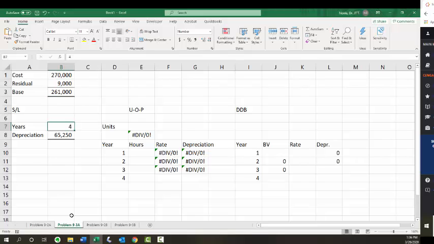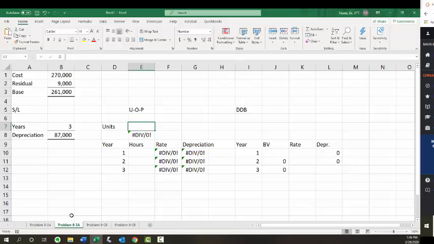So we're going to do it for 3 years. Dividing the 261,000 depreciable base by the 3 years gives us the depreciation in each of years 1, 2, and 3 of $87,000.